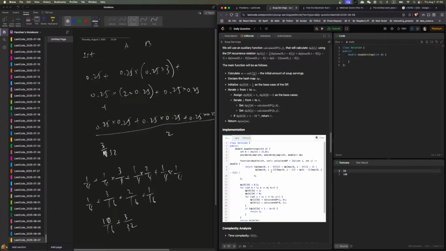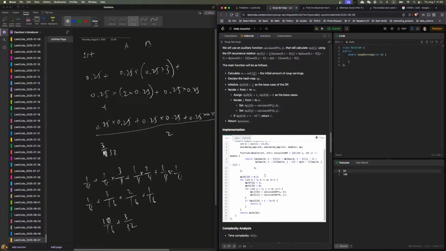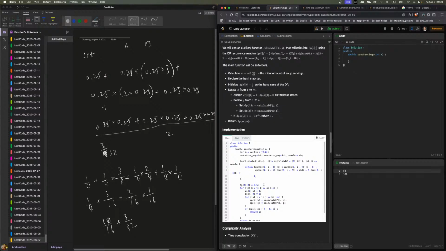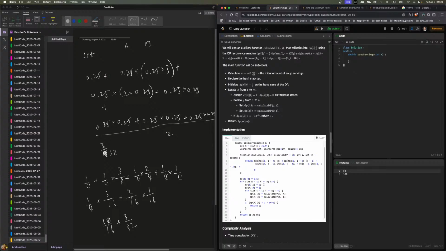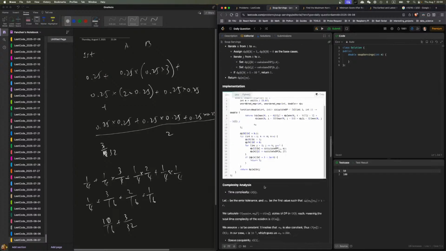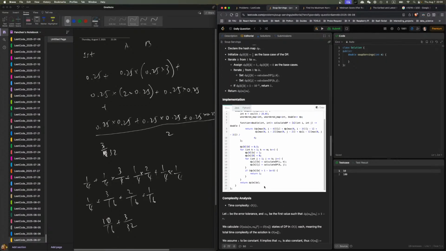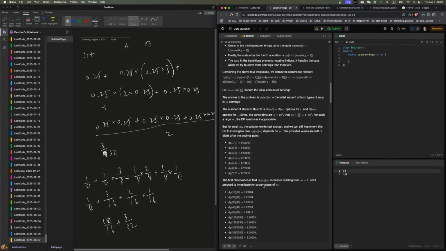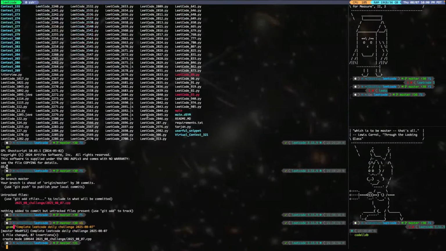This is the DP transition. We can try to implement it. Maybe read through it.